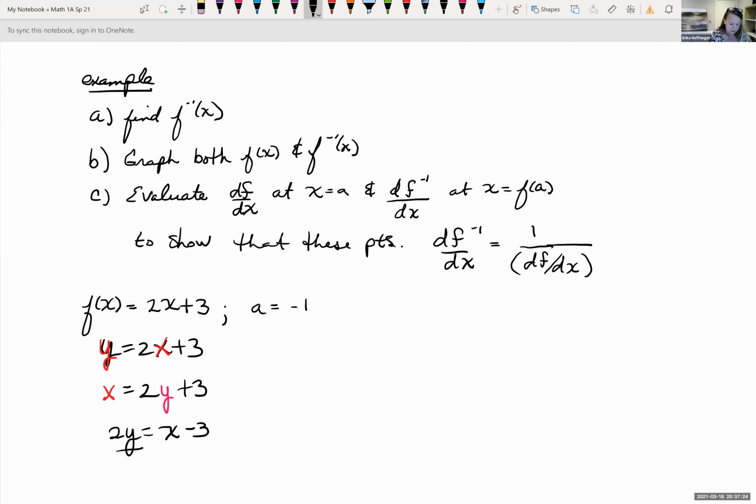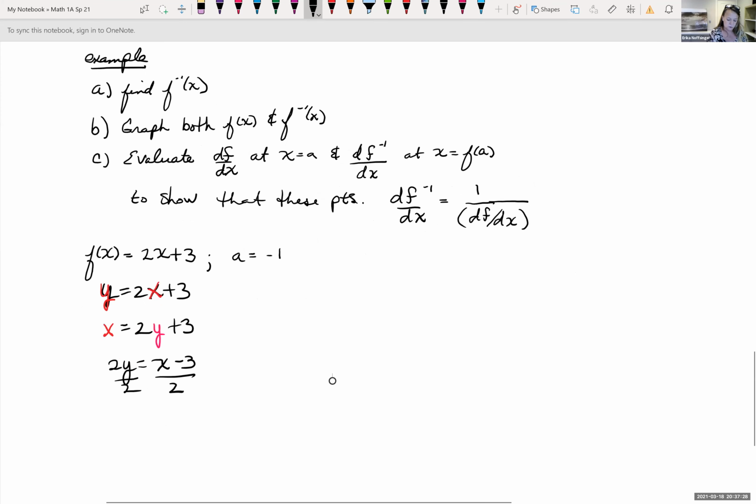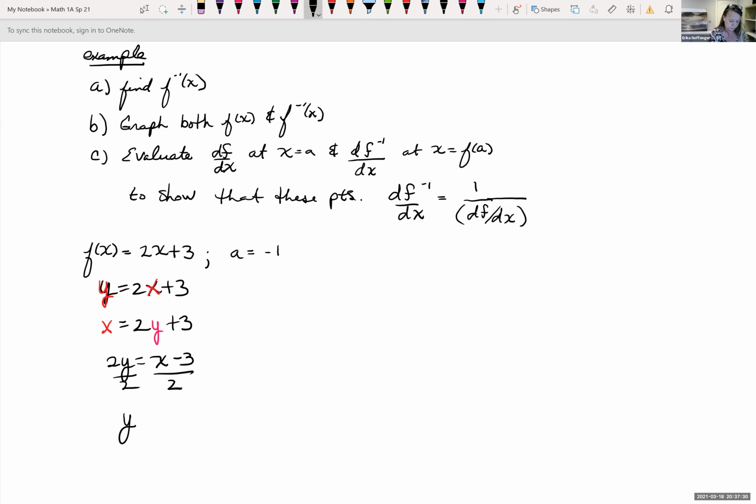Divide both sides by 2. I get that y is equal to, and I'm going to break this down as 1/2 x minus 3/2, just because that is in the form y equals mx plus b, so I know what my slope is and my y-intercept is in this form. And what we just found is our inverse function, f inverse of x.